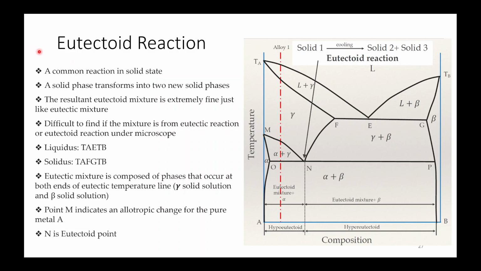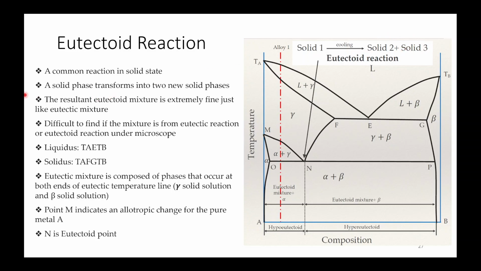Now another reaction is the eutectoid reaction. This is your simplified iron carbon diagram. In this case, this is your eutectoid point where your solid 1, which is gamma, is converting into solid 2, which is alpha, and solid 3, which is your cementite. So this is a mixture of alpha and Fe3C.